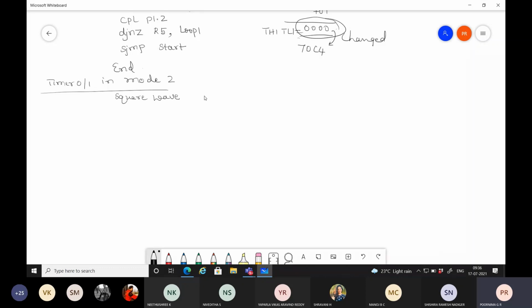Which is having a frequency of 1 kilohertz on port pin P1.2.